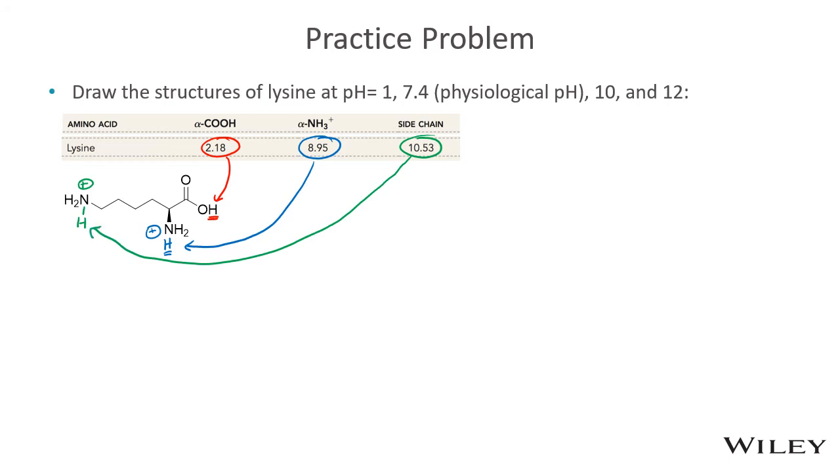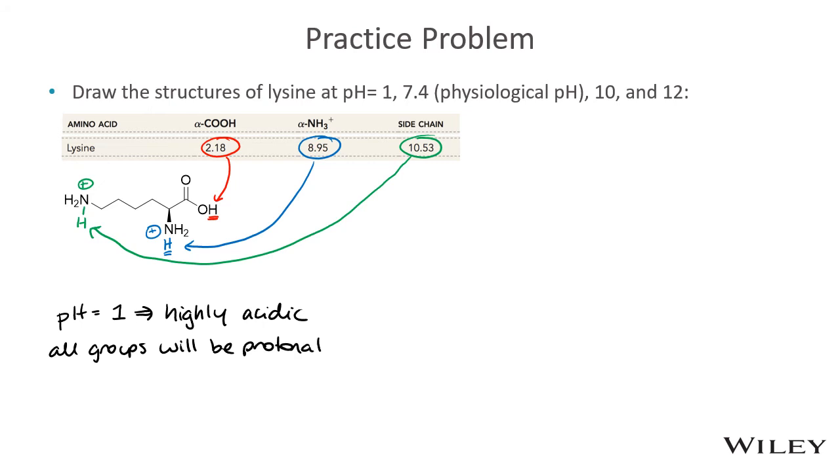So now let's go ahead and focus on drawing the structure of lysine at these various pHs. So a pH of 1 indicates highly acidic conditions. And since the pH of 1 is lower than the pKas of all of the groups, it means that all of these groups will be protonated. So we can go ahead and draw our structure.